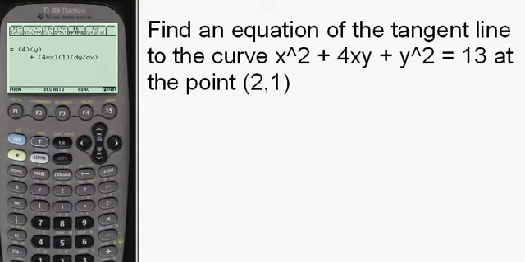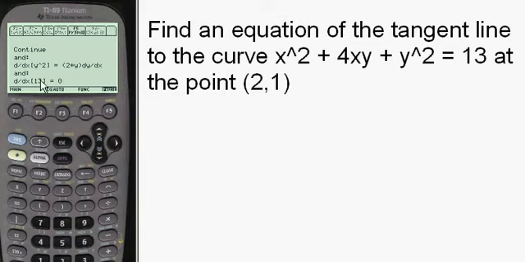I don't know who thought all this stuff up, but pretty smart. And that equals that. So the product rule of that is this right here. That's the derivative with respect to x of 4xy. And then we continue. The derivative of y squared here is 2y dy/dx, because we're differentiating with respect to x.